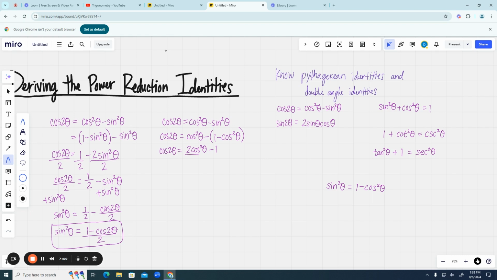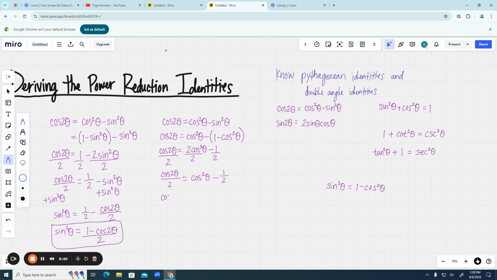We have to get rid of the 2 on our cosine, so we can divide everything by 2. So we'll have this, and this one is positive, so we can leave it there. We need to add the 1/2 to the other side.